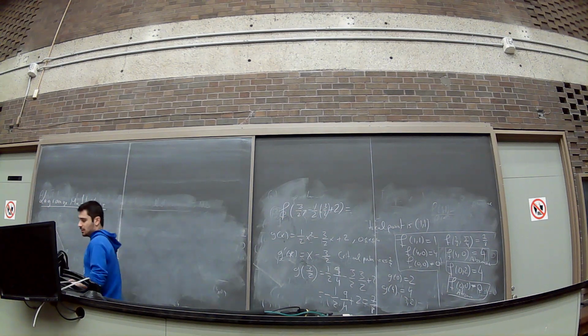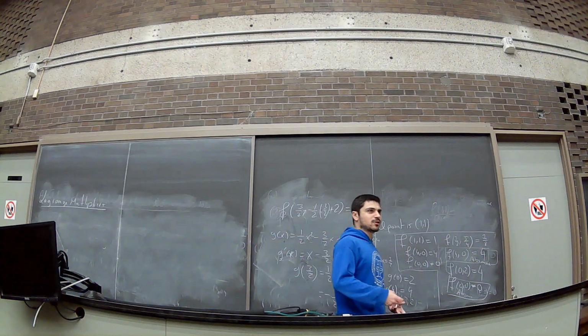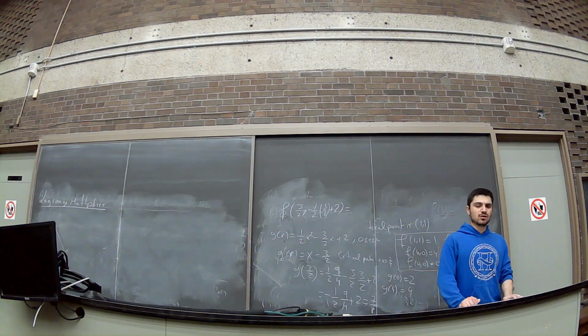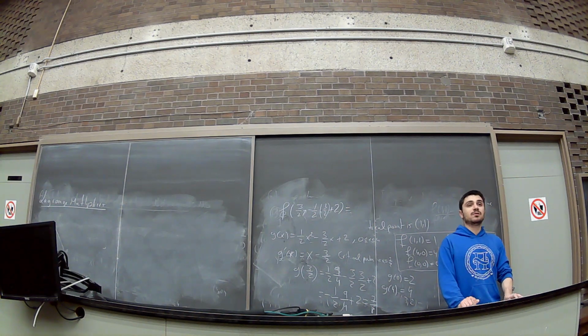Okay, so the Lagrange multipliers and constrained optimization. In Calc 1, you did these word problems, these optimization problems. You wanted to maximize the area of a rectangle given that the perimeter is fixed.